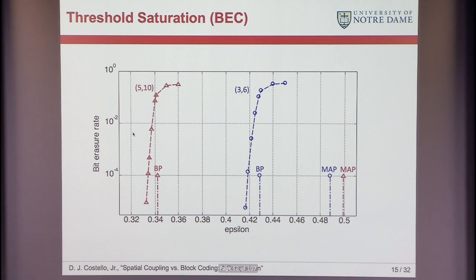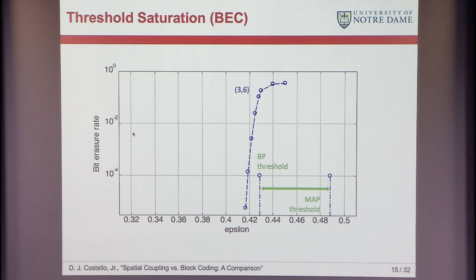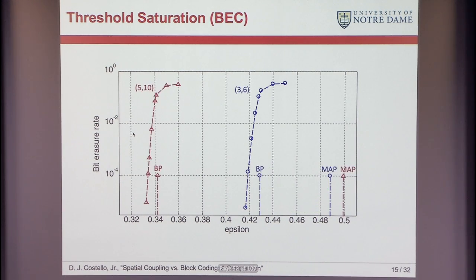So another way of viewing this is, let me start here. This is block codes, and we see here, this is again the erasure channel, MAP threshold, BP threshold, simulated performance. I can't remember the block length, but it was pretty big. And you see as we go from 3,6 to 5,10, the block code performance follows the BP threshold, and gets worse because the BP thresholds are worse.